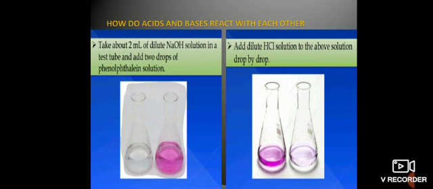Dear children, phenolphthalein in sodium hydroxide turns pink. You are observing a pink colored solution in a conical flask. Add dilute HCl solution to that pink colored solution, drop by drop. What will you observe? The pink color disappears slowly.